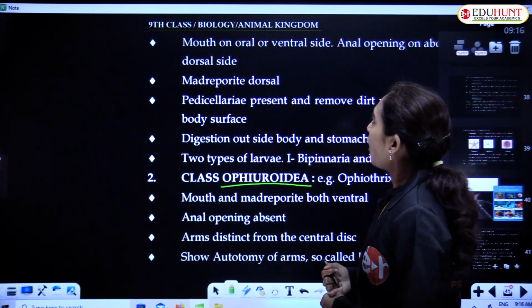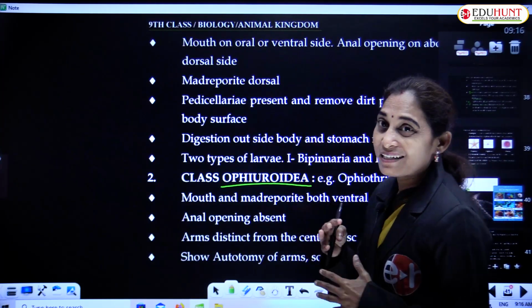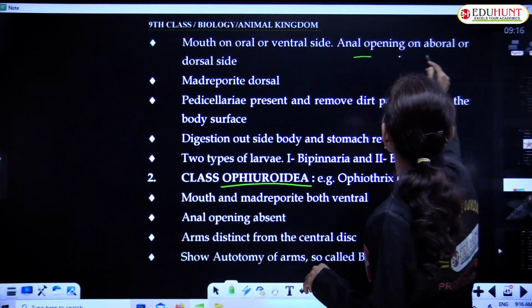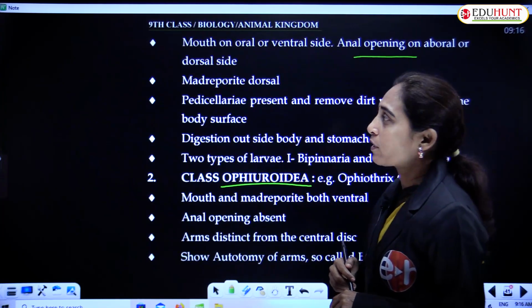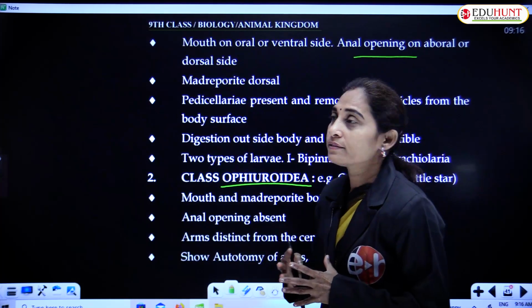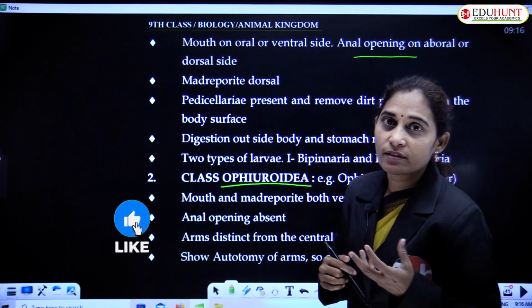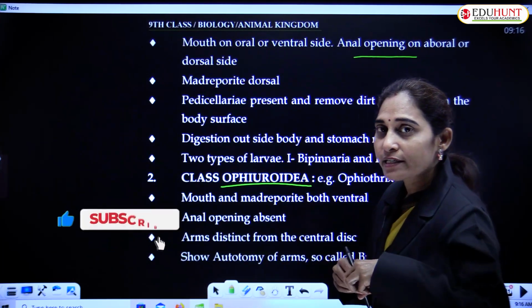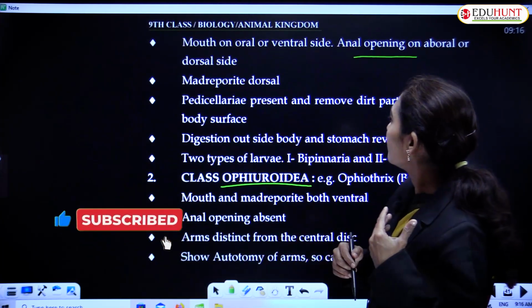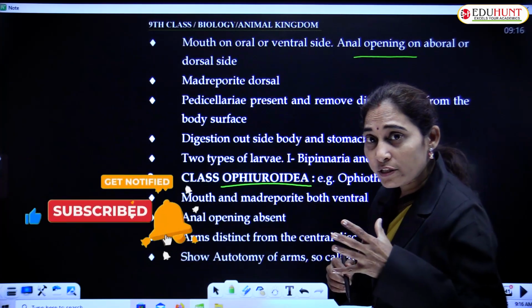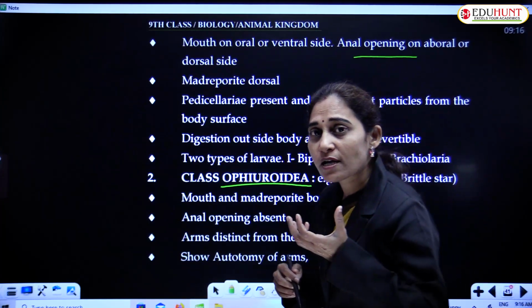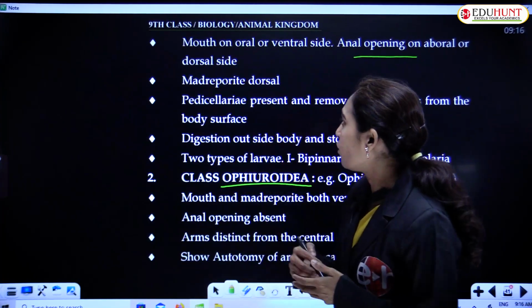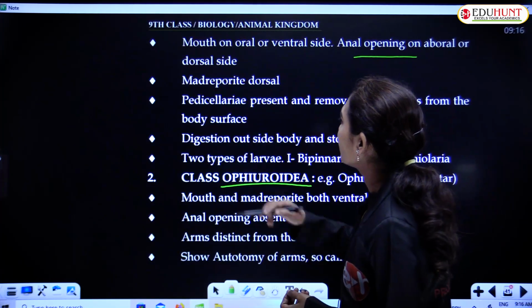Mouth is on the oral or ventral side, and on the aboral or dorsal side there is the anal opening, that is for excretion.